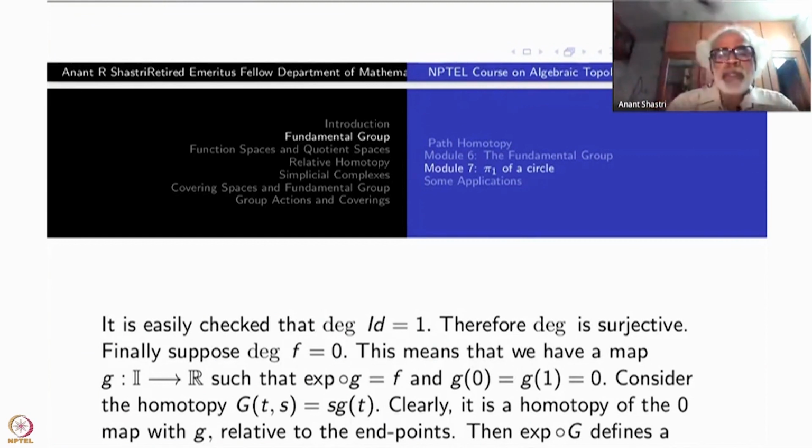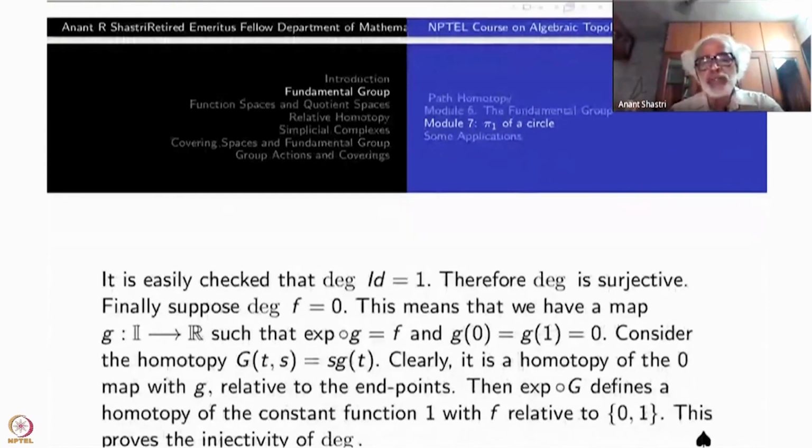If you take the exponential of this homotopy, that will give you the homotopy of the constant function 1 with the original function f, the loop f. Because the original function g is a relative homotopy, namely it fixes 0 and 1, the exponential of that will also fix 0 and 1.